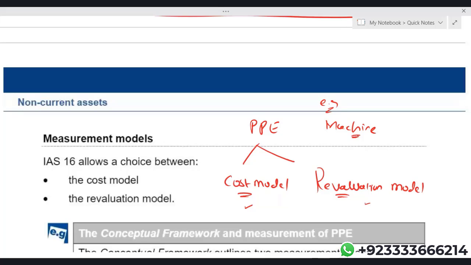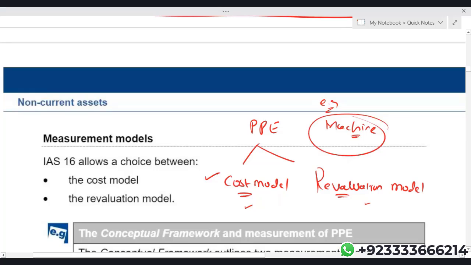Second, normally there will be no intention to sell that machine. Normally we are going to utilize the machine to the end of its useful life. So in that case, it is more relevant to keep the machine at the cost model.